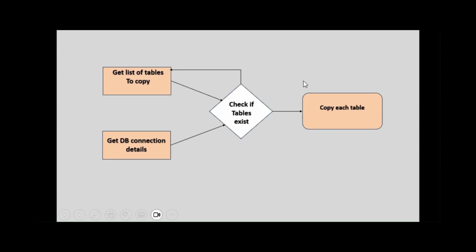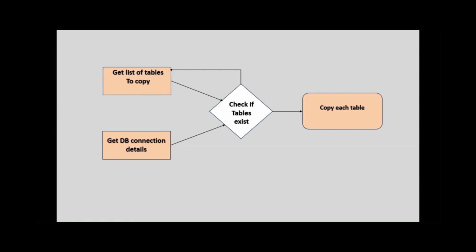The first thing will be to visualize what exactly we want to achieve. And one of the things that we first want is to get the list of the tables that we need to copy. Once we get the list of the tables that we want to copy in our pipeline, we need to get the database details also in our pipeline, and then use these two to check if the list of the tables that we have exist in the database.